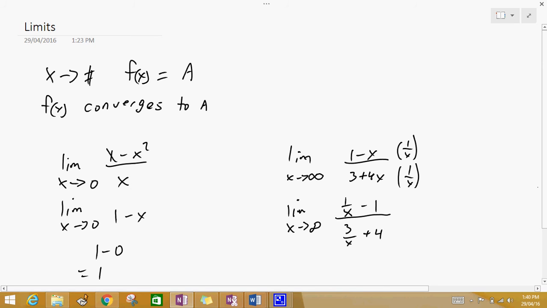Now we've got a function where as x approaches infinity, 1 over infinity is approaching 0. So what we've got is 0 minus 1, and 3 divided by x as x approaches infinity. Once again, 3 divided by infinity is approaching, not equal to, approaching 0, plus 4. And then you get your final answer of negative 1 over 4.